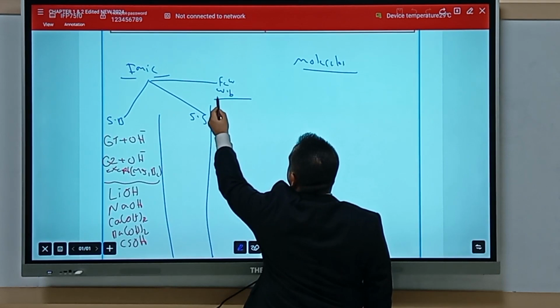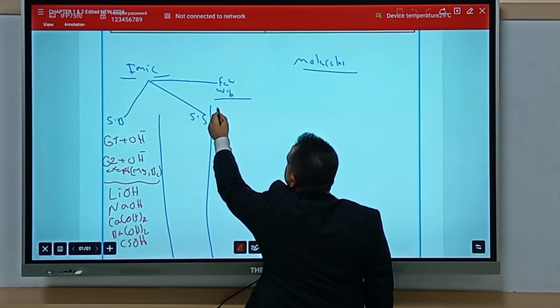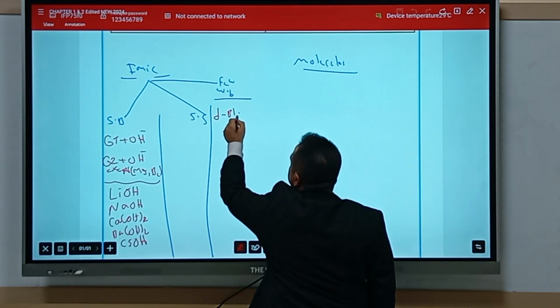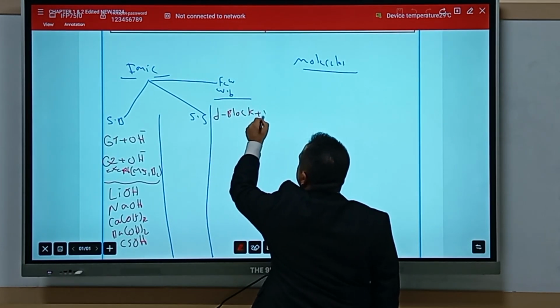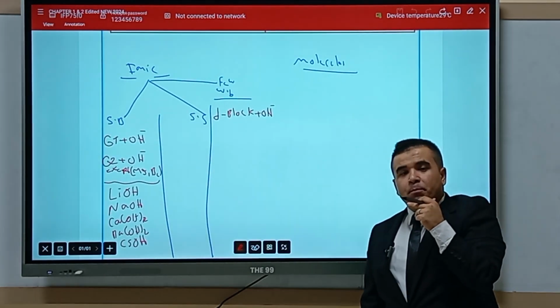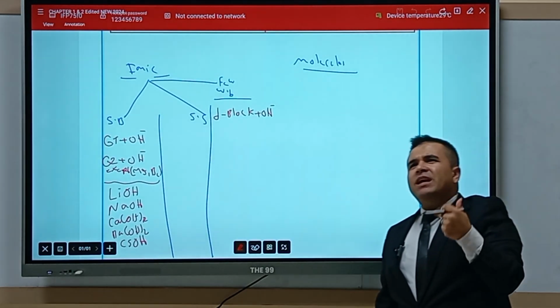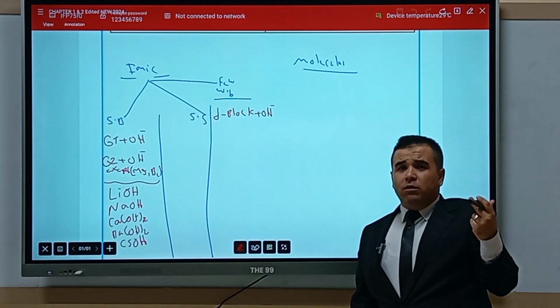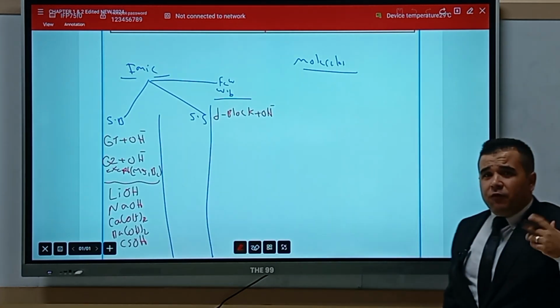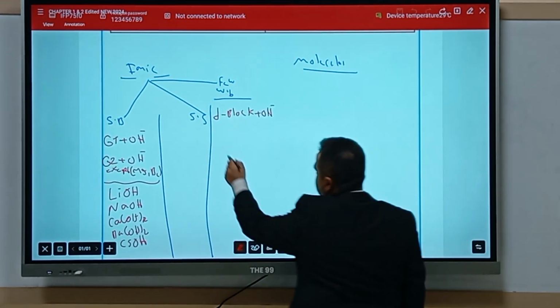Few weak bases, simply the few weak bases are those compounds which are what? D block element, D block plus hydroxide. Why? Because usually the D block metals, when they combine with the hydroxide, will be very low soluble in water, and when they are very low soluble in water, they will not produce a high amount of ions.